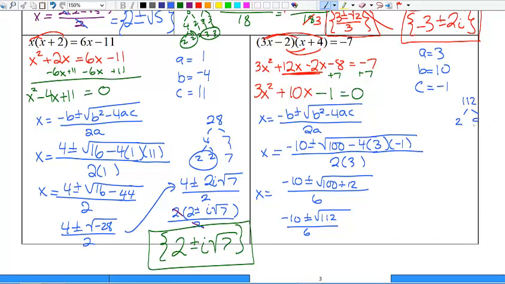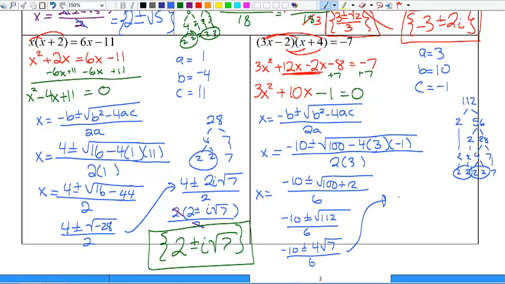That gets me 56. 56 is also even. That's 2 and 28. So it's 2, 2, 2, 2, and 7. So 2 groups of 2 come out. So that's 2 times 2 are 4. So we have negative 10 plus or minus 4 comes out. The 7 stays home.